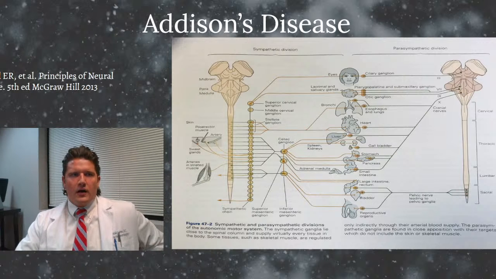So continuing on, the outer portion of the adrenal gland is the adrenal cortex, which is principally involved in Addison's disease, where we have a failure of that endocrine tissue to produce hormone. The adrenal medulla, it seems for the most part, is still working, so we're still able to make adrenaline. I think not everyone is aware of how vitally important adrenal hormones really are.